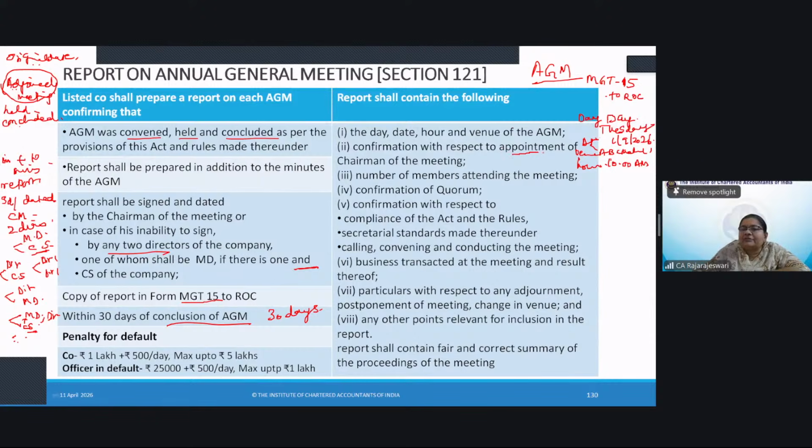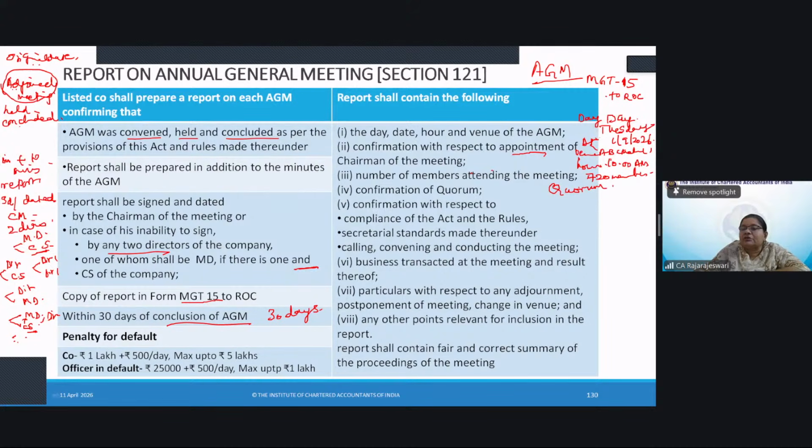Then the appointment of chairman: who chaired the meeting? The number of members attending the meeting. It could be 700 members attending the meeting. Then you have to count and specify the number of members, 700 or 720 members who physically attended. Then quorum, the minimum requirement.